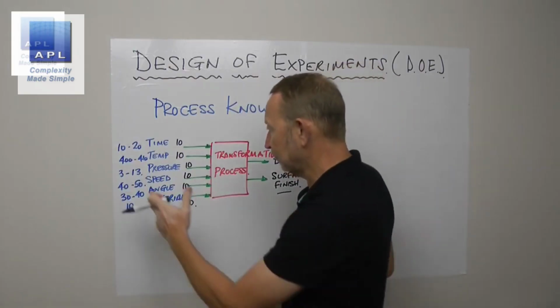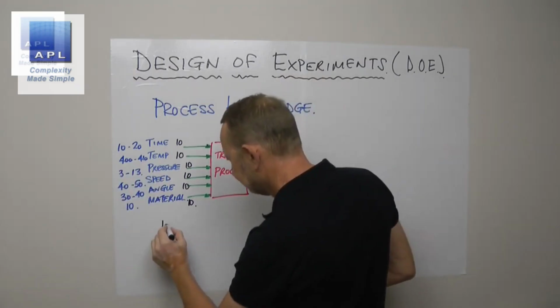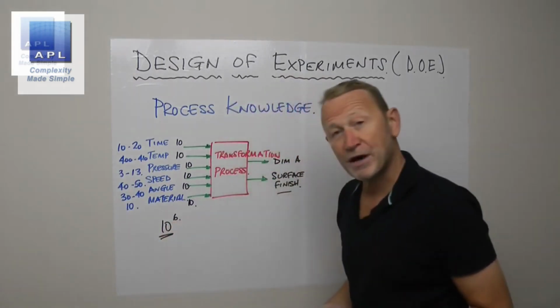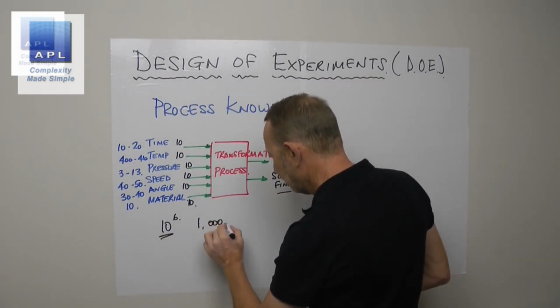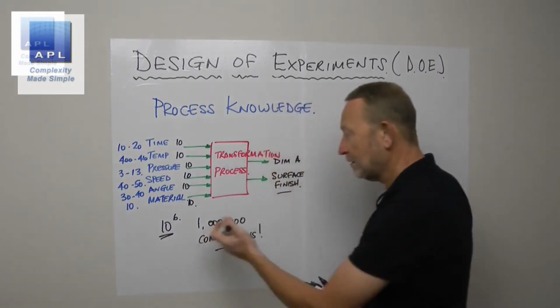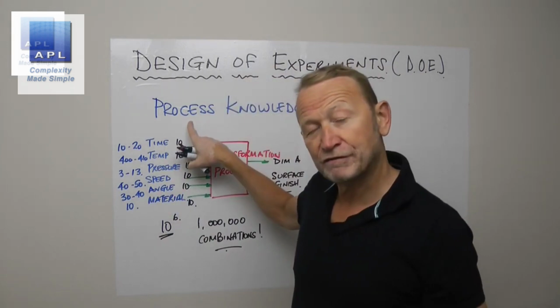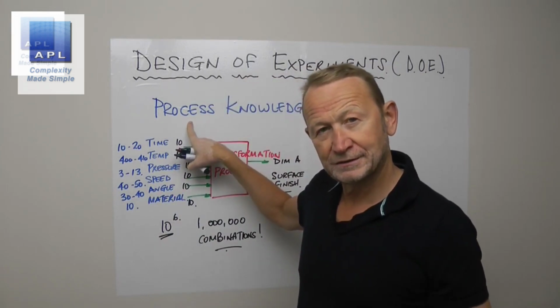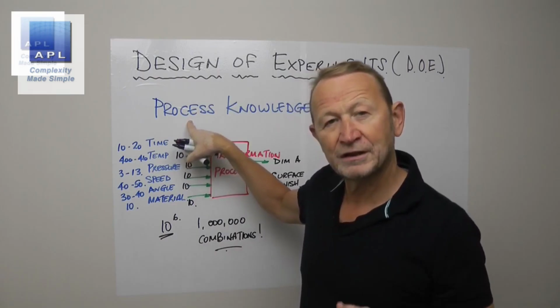If I keep going, times 10 times 10 times 10, what do I get? I get 10 to the power 6. There are 1 million combinations. 1 million choices. And you need to find the best one. How do you do that?